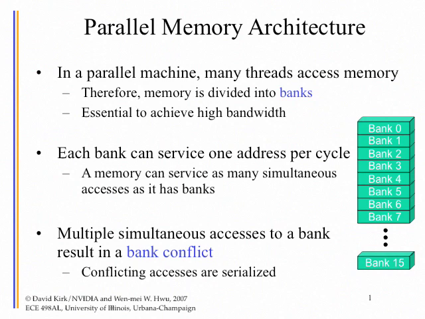However, remember bank 0 will have 1K bytes, so you can have 256 single precision numbers.